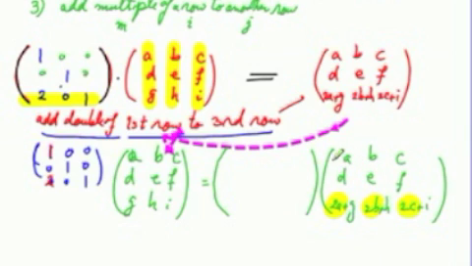I have to take a copy of this to add to the third row to get rid of all this yellow stuff. What multiple of the first row should be added to the third row to do that job? So the opposite of adding double is subtracting double. So subtracting double, same principle as before.